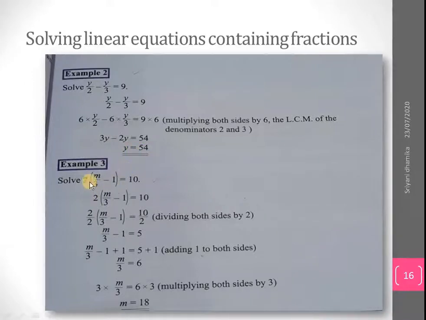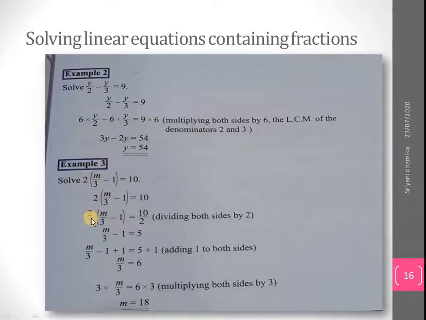Now see the second example. Solve this equation. The terms inside the bracket: m over 3 minus 1 equals 10. On both sides, 2 and 10 are multiples of 2, so we can divide both sides by 2.